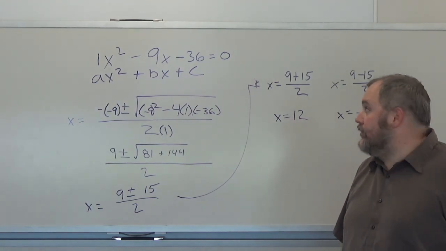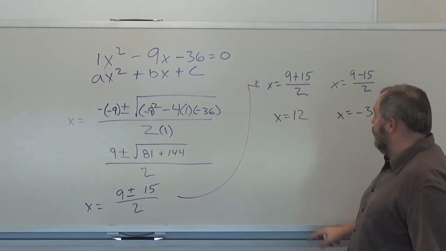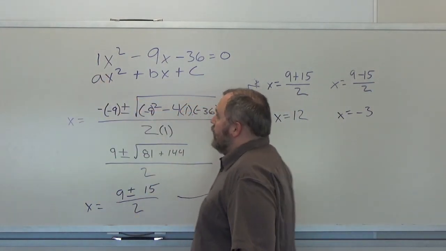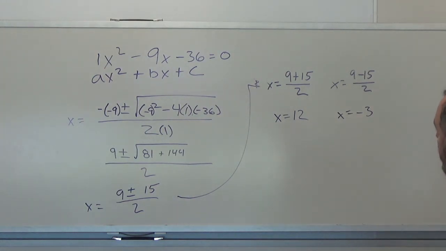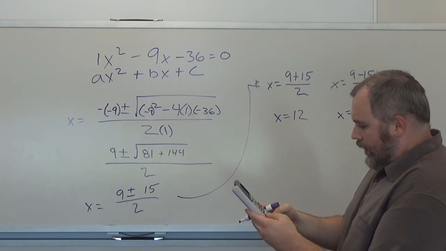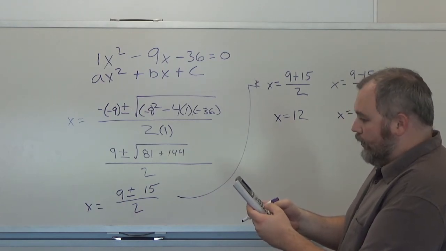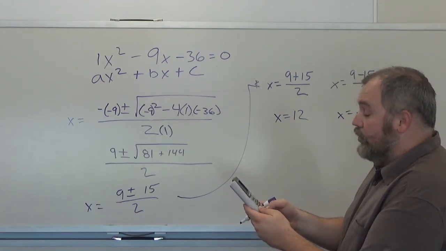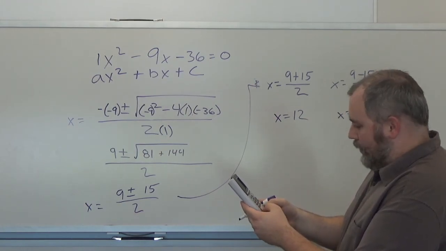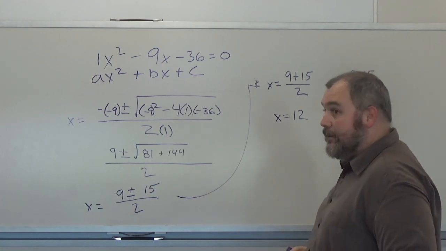So how do we know this to be the case? Well, first off, we need to plug this back into our original equation. All right, so let's do it. We have 12 squared minus 9 times 12 minus 36, and that gives me 0.